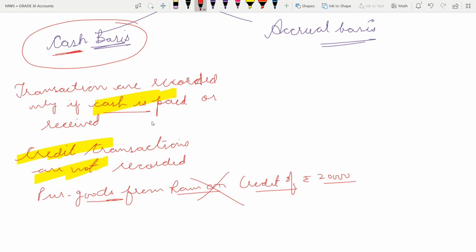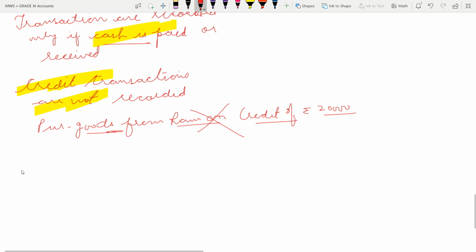So in this cash basis, you will get to know about the profit, which is merely the excess of actual cash over the payments. Means profit in this way will be equal to cash you have received minus cash you have paid.